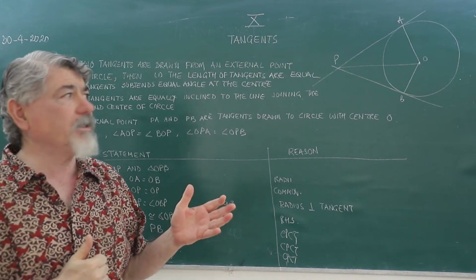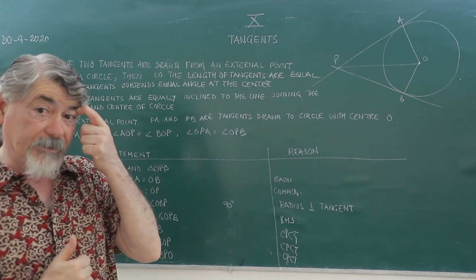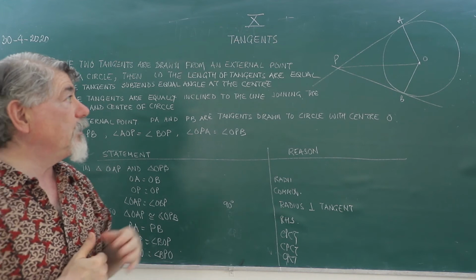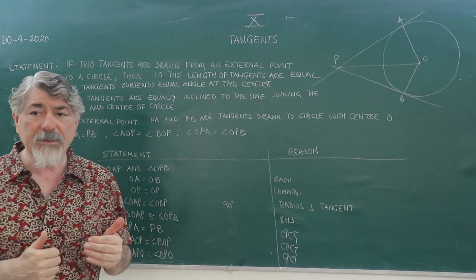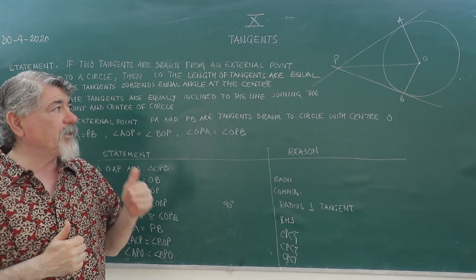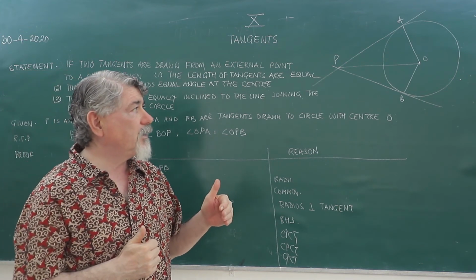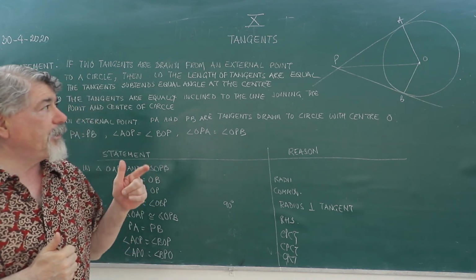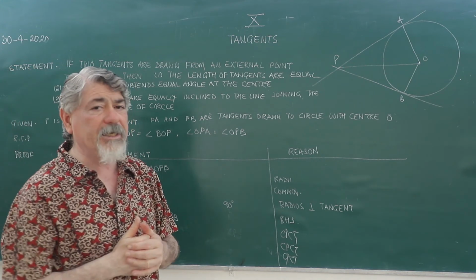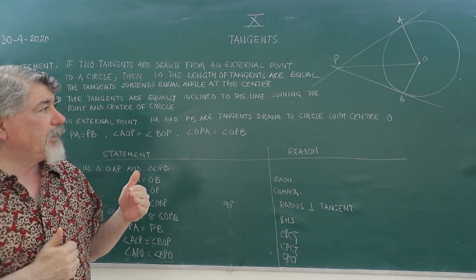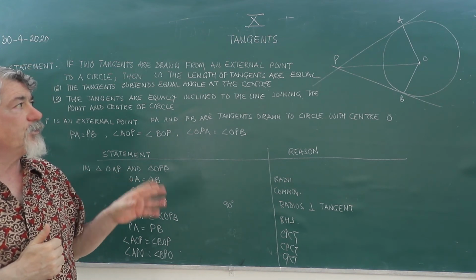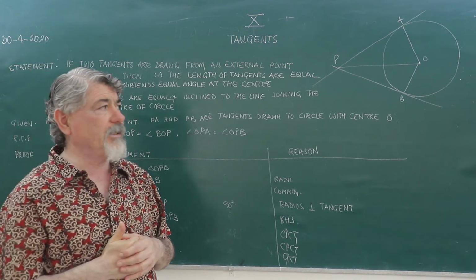Radii of the same circle, OA and OB are radii of the same circle. They are going to be equal. OP is a common line segment between the two triangles. OP is part of triangle OPA also, and OP is also part of OPB. So OP is common to both the triangles.